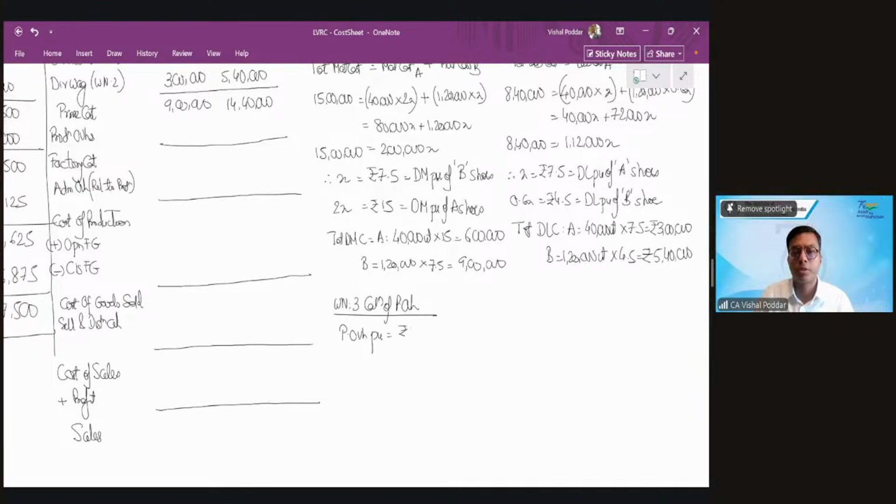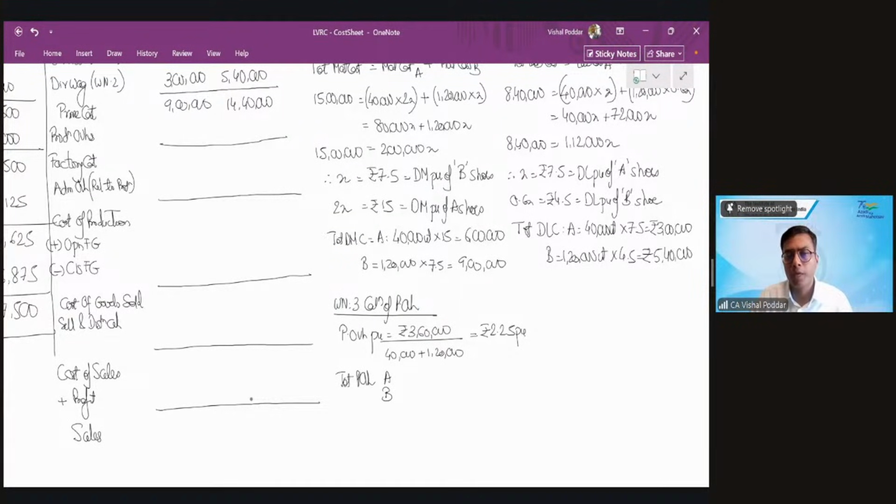It is 360, which is total upon total of both the products, because per unit it is same. So it will be 360 upon 160, correct? 360, 160. So 2.25 per unit.